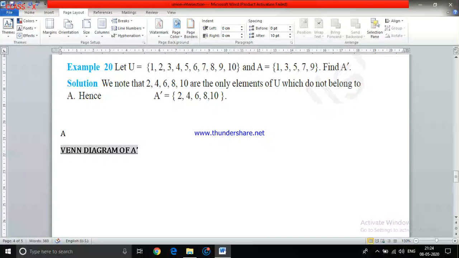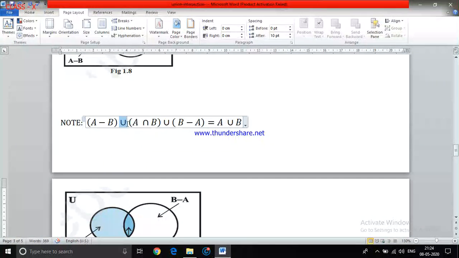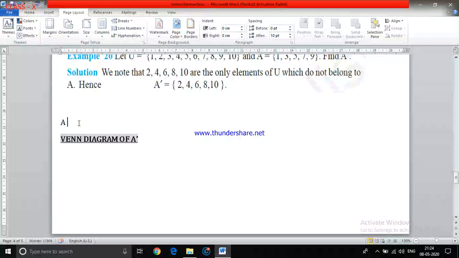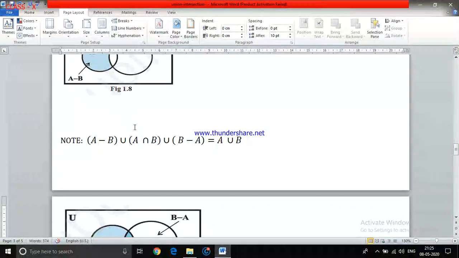A, there is the union symbol. Let me copy. Control C. If I take A union A complement, this always will give me the universal set. And the second property says A, let me copy the intersection symbol.